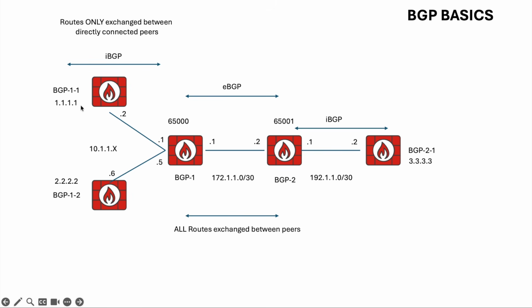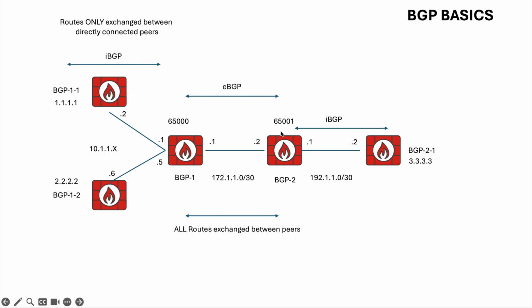BGP1 will receive 1.1.1.1 from 10.1.1.2, and it will then send that across to BGP2. So BGP2 will say, okay, I have received 1.1.1.1, and the next hop for that is 10.1.1.2. But notice that BGP2 here is not connected to that network, only BGP1 is.